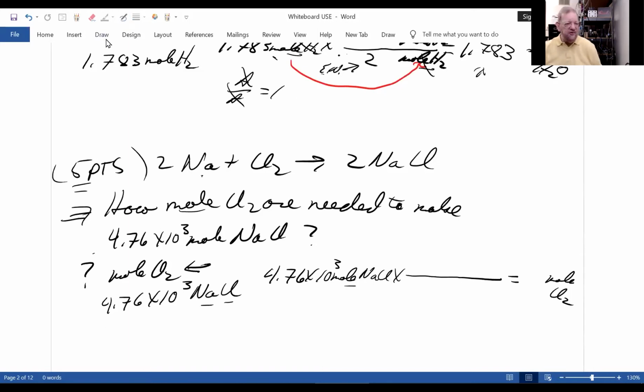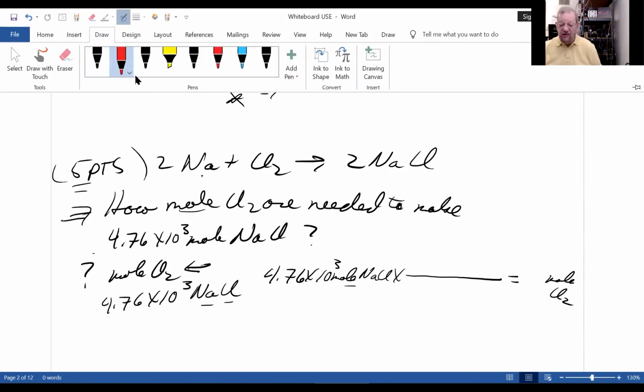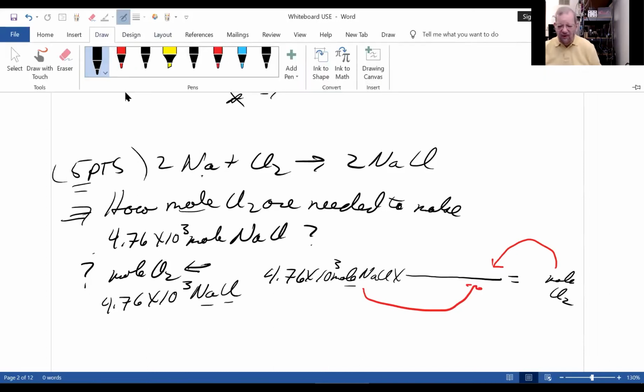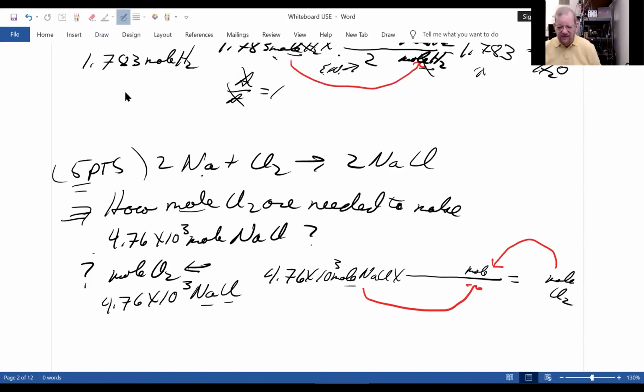And how do you use unit analysis? Your good buddy, your good friend, whatever you're trying to get to goes on top. Whatever you're trying to get rid of goes underneath. And now I'll write those in first. That's NaCl. Hold on.